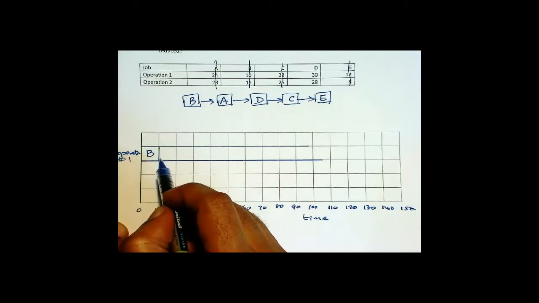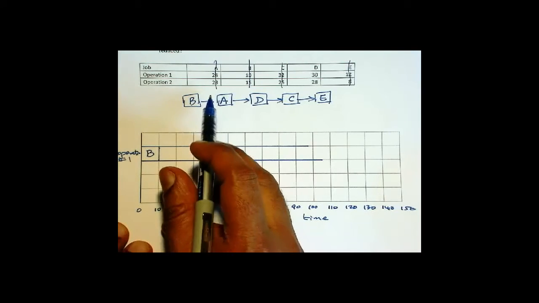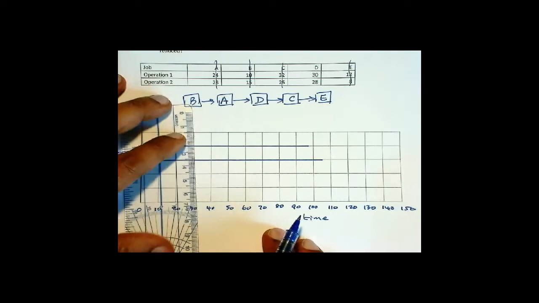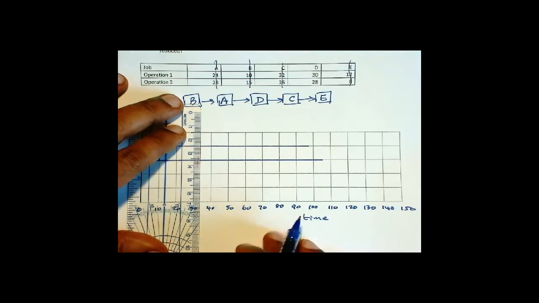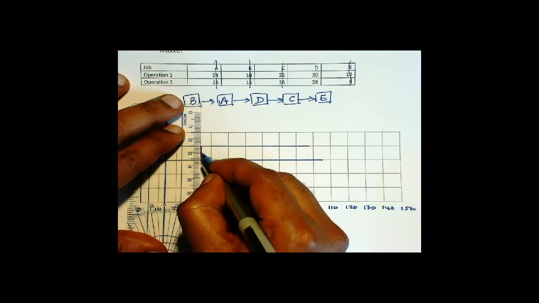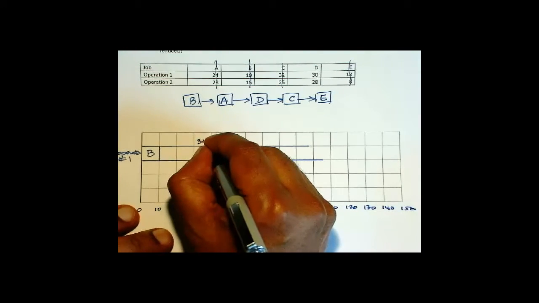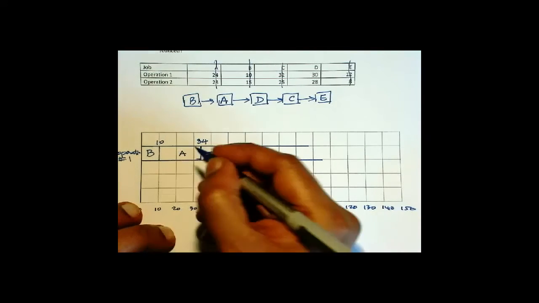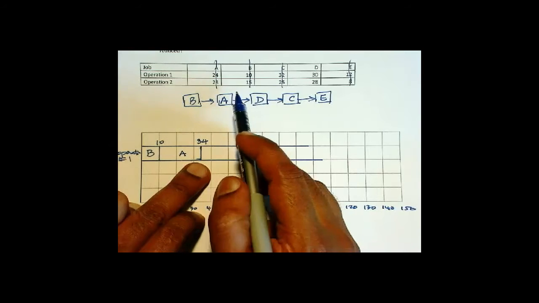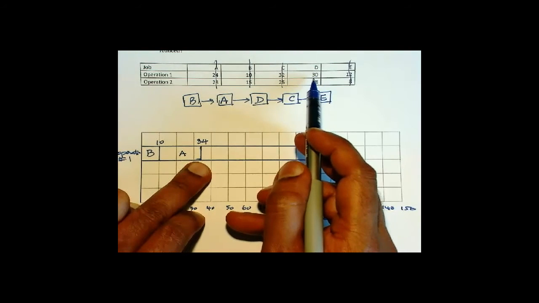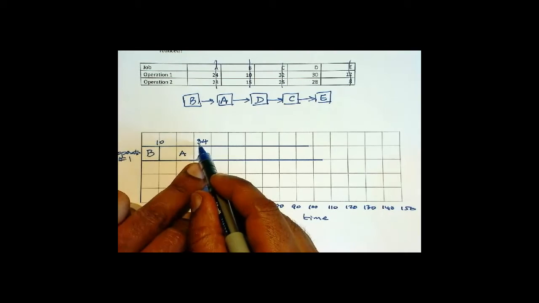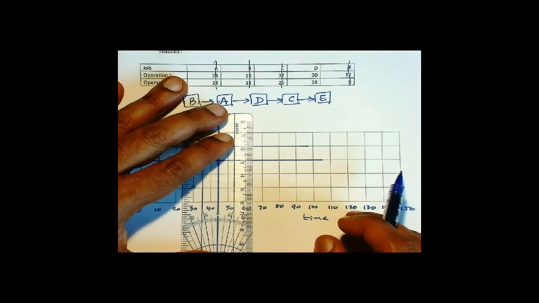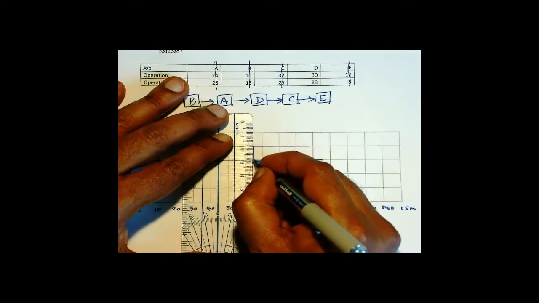And then once B is done, A can begin, and A takes 24. So it will end at 34. I'm going to be a little bit approximate here, which doesn't matter. So this is 34. So that's 10 and 34. So that's A. After A is done, next is D. D requires 30. So begin at 34 plus 30 is 64. So 64 approximately here.